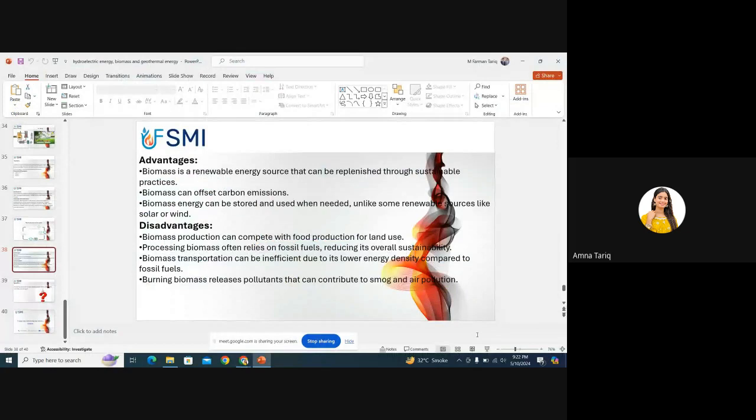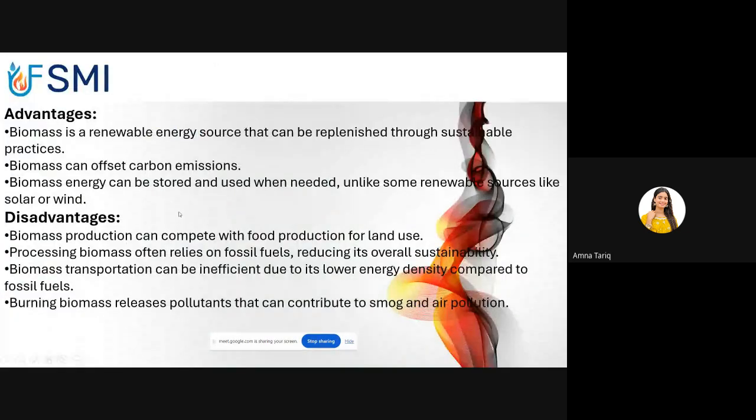Biomass is a renewable energy source that can be replenished through sustainable practice. Biomass can offset carbon emissions. Biomass energy can be stored and used when needed, unlike some renewable sources like solar or wind.